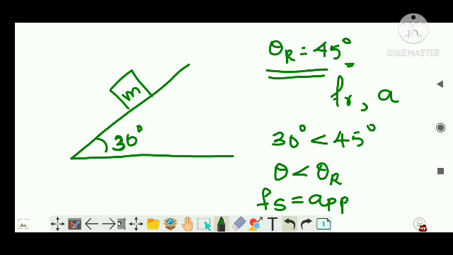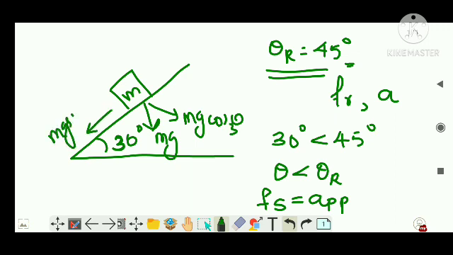Clear? So here we have mg, with mg cos 30 degrees here and mg sin 30 degrees here. Now, which is the force causing motion? This one, the applied force, and the static friction balances it.